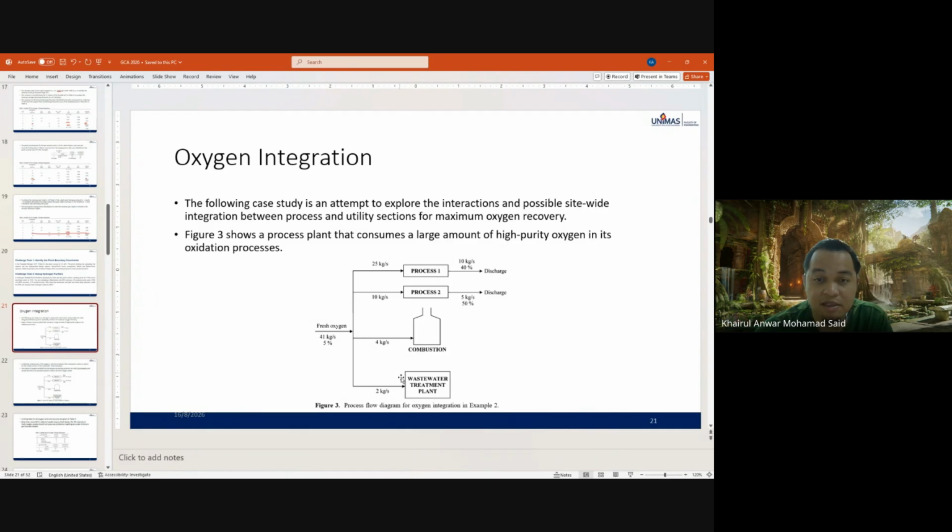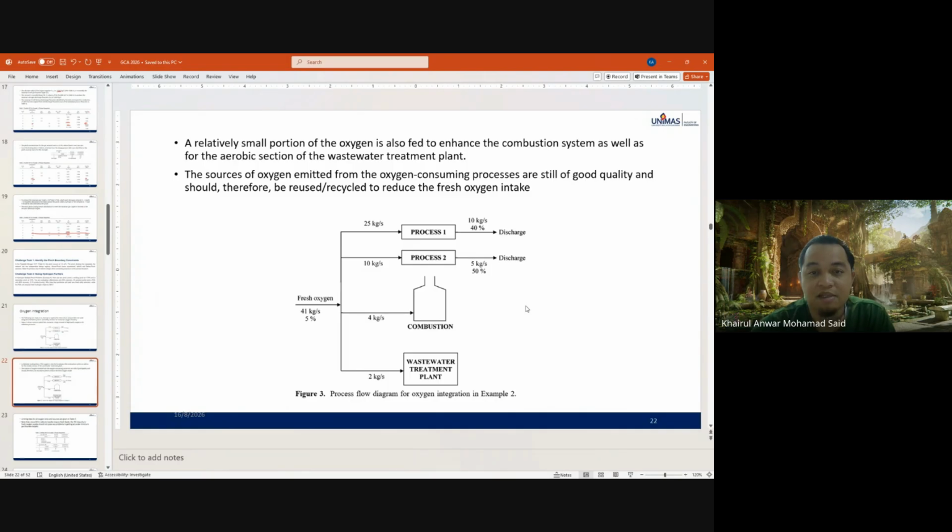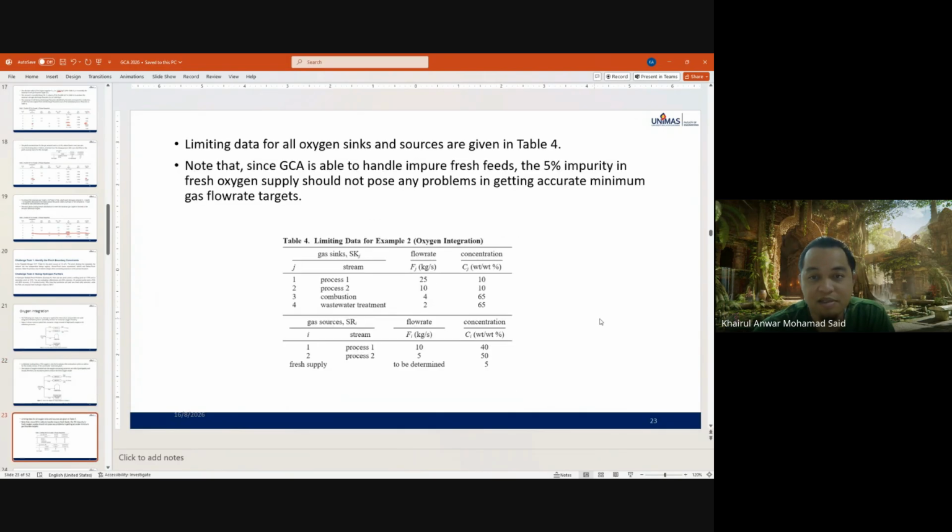This is the non-mass transfer. What happens is discharge at 10 kg per second with a purity of 40%. So this is pure oxygen, expensive oxygen. They just discharge it, although it's still 40%.